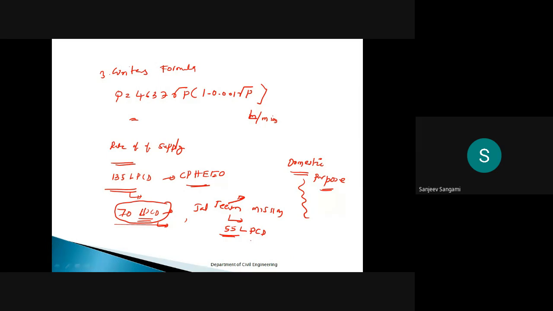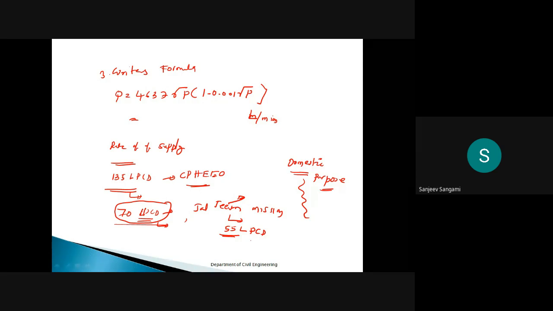The very important questions from this module: first, need for protected water supply. Then the problems, definitely they will ask any one, either from the first three methods, or rarely from the logistic curve method.